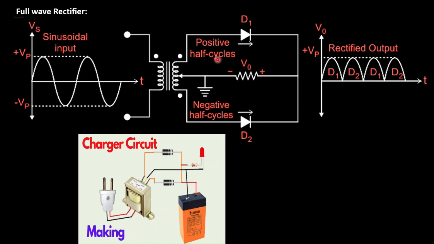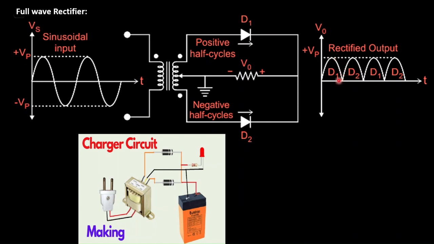So that is how it works. In either the positive half cycle or the negative half cycle, the current will be flowing in the circuit. For a positive half cycle, D1 will conduct and we have an output like this.